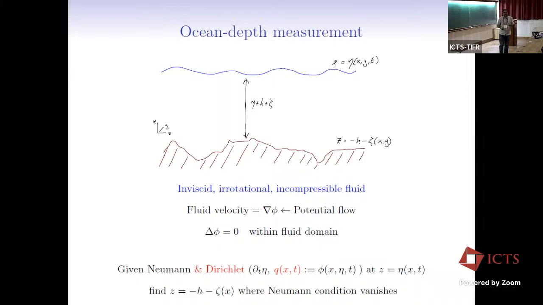This is why it's ill-posed. This is the classic ill-posed problem that we all learn in our first PDE course. You're not supposed to solve the Laplace equation as an evolution problem. But that is precisely what we have to do here, right? In part, this tells you why shallow water works better. If the fluid is shallow, this distance is in some sense small.